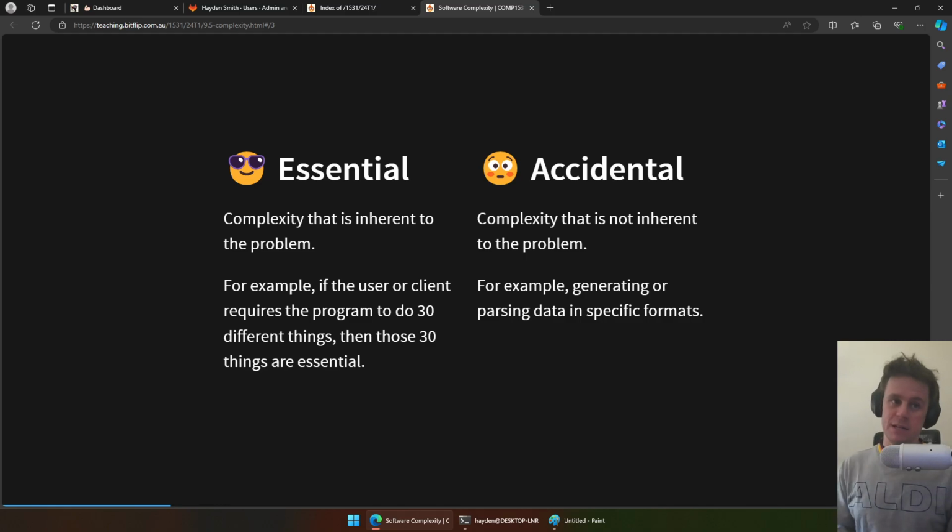Then we have accidental complexity, and this is complexity that you could, in theory, remove. So if someone said, oh, you know what's so confusing is like all this pricing stuff, like there's different zones and different distances, and then there's off-peak charges with Sydney Transport, and then there's weekend discounts, and then there's transfer benefits, and then it kind of goes on for a while.